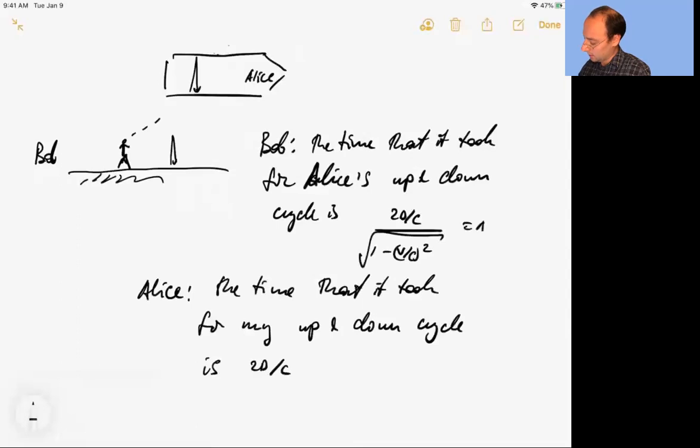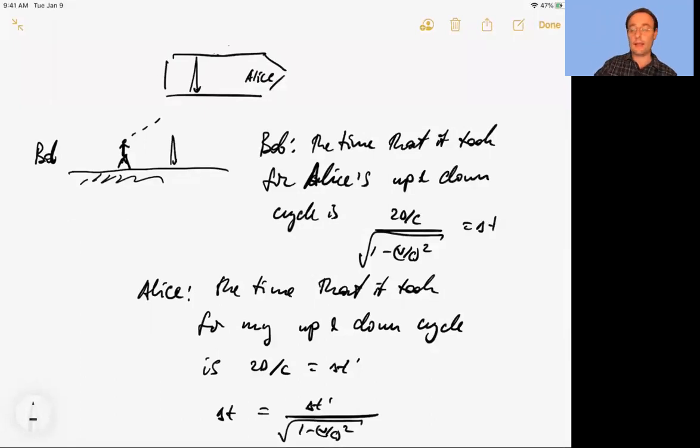So we call this delta t, call this delta t prime, and so we see that delta t is really delta t prime divided by the square root of 1 minus v over c squared. Let's remind ourselves what delta t and delta t prime mean. Delta t prime was the time between two events in a frame in which the events took place at the same location.